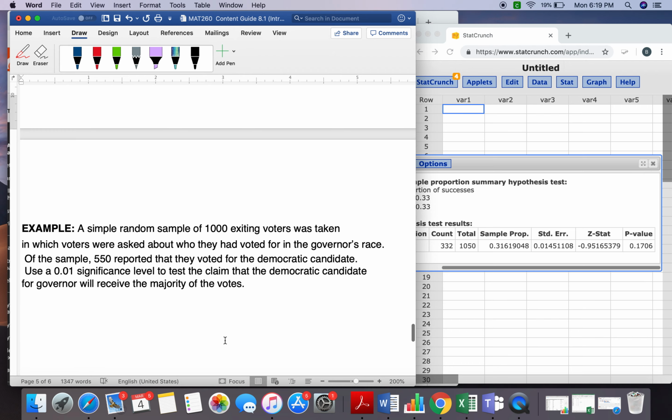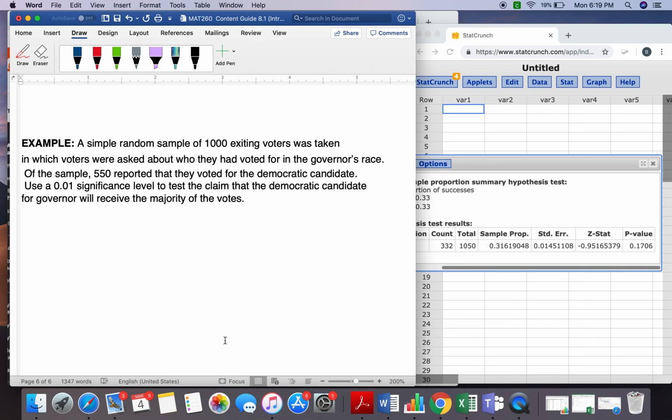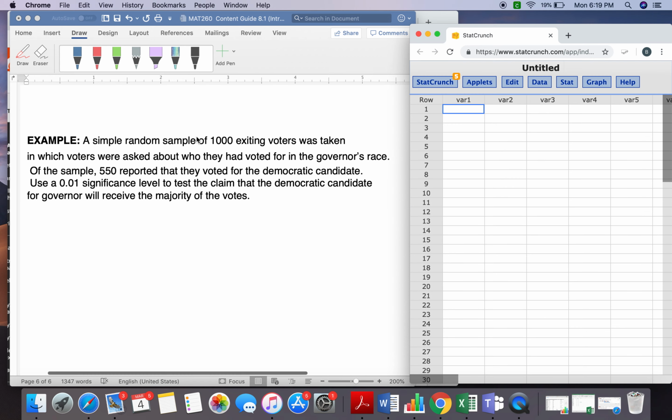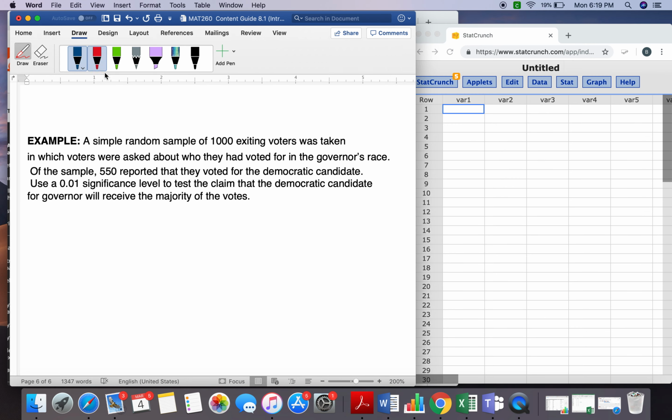So we'll do one more example. So in this one we have a simple random sample, and we have 1,000 voters. And the voters were asked who they voted for. So we had our sample of 550 reported that they voted for the Democratic candidate.